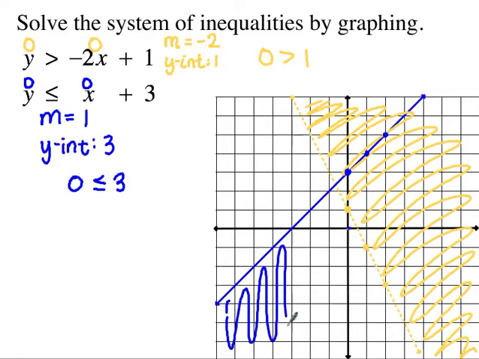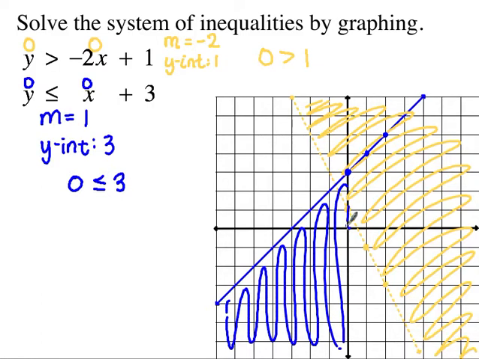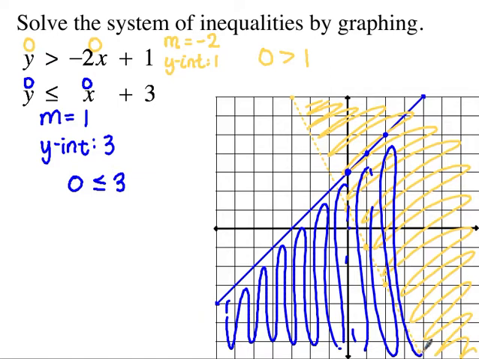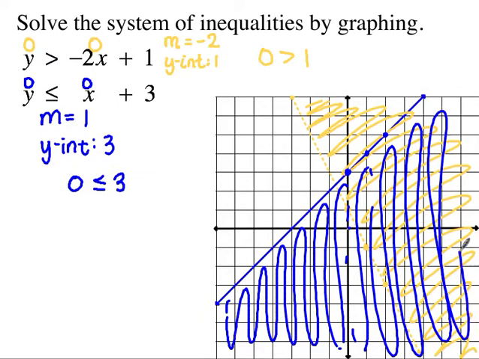Now, what do you notice about your graph? There's an intersection. That is your solution set here. If you want to color that area darker than everything else, that area will be bounded by that dashed line.